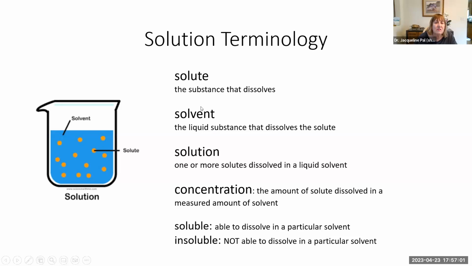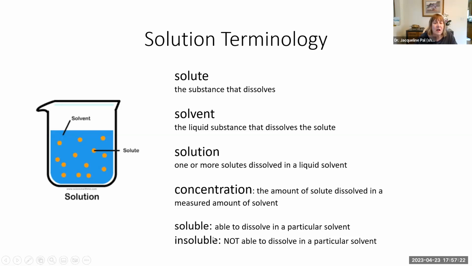Now, how much solute we put in it, we can measure, and that gives us a concentration. It could be 1% sugar, it could be 10% sugar, it could be 35% sugar. So if you can dissolve the solute in the solvent, then we say it is soluble.